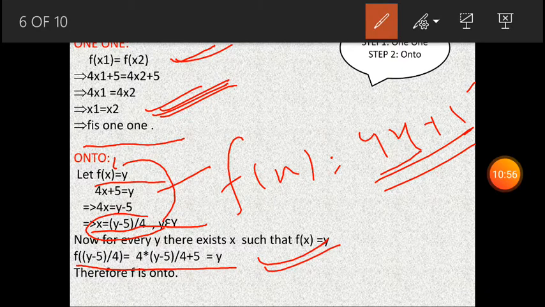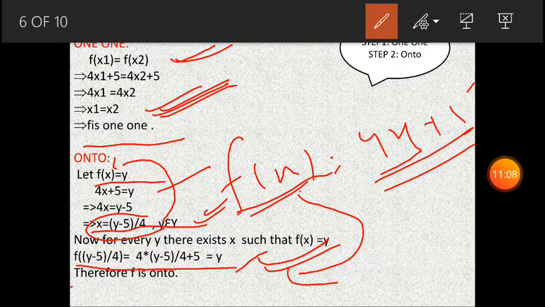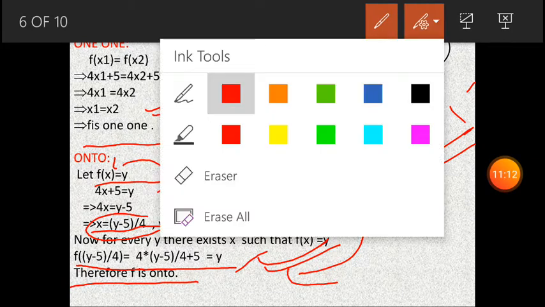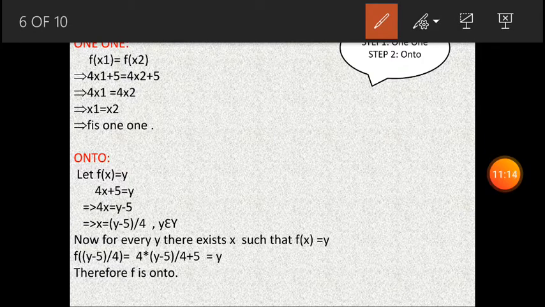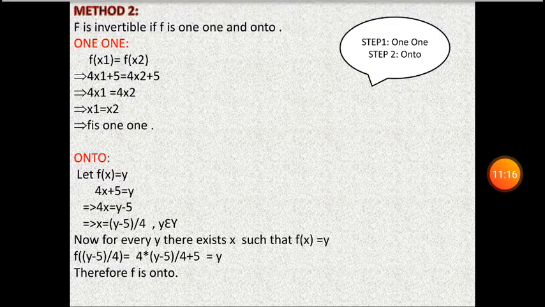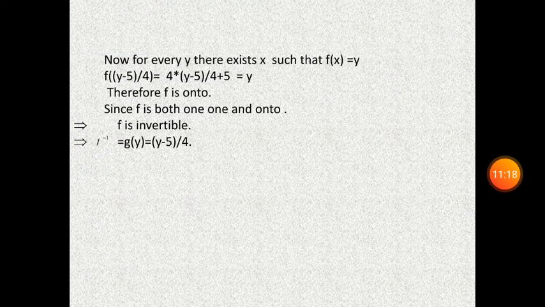It means we have shown that for this value of x, f(x) comes out equal to y. It means for every y, there exists x such that f(x) equals y. Therefore, f is onto. As we have shown that f is 1-1 as well as onto, we can conclude that f is invertible.